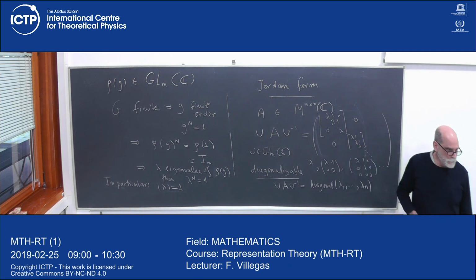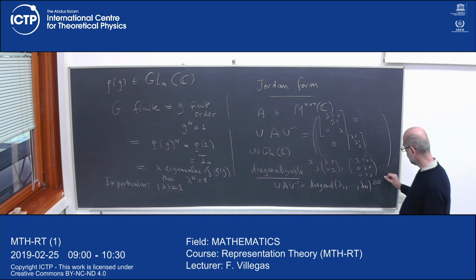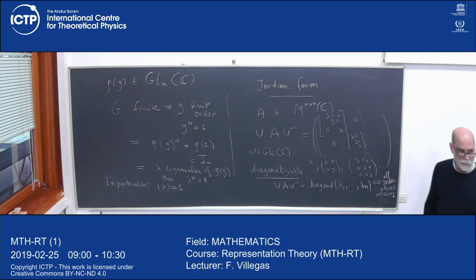So from this point of view, diagonalizable means that all the Jordan blocks are of size 1. So diagonalizable matrices are, for many purposes, much easier to deal with than otherwise.